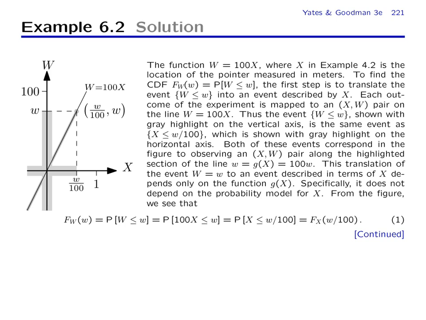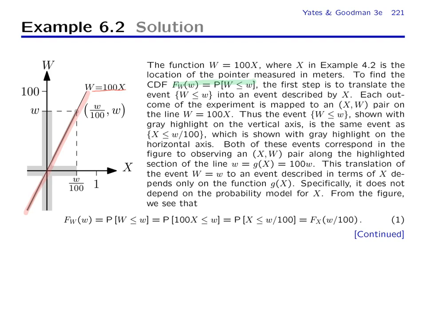So the point here is that there is a function, which is that W is equal to 100x. And our goal here is to find the CDF of W, which is the probability W is less than or equal to little w.